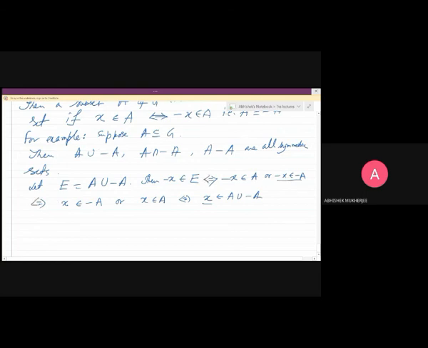So that means E is symmetric. And in a similar way, if you consider A intersection minus A, then this will again be a symmetric set. A minus A is again a symmetric set.